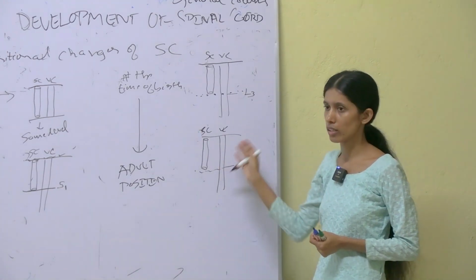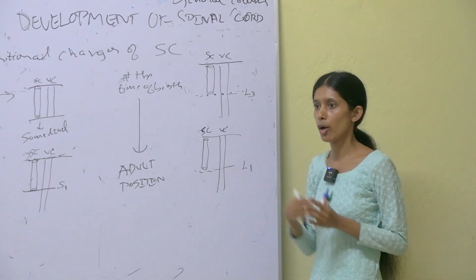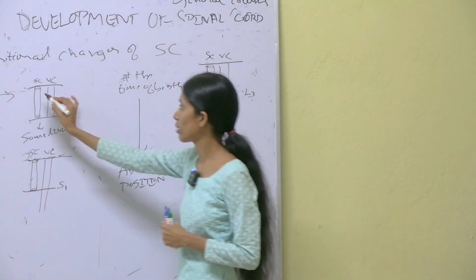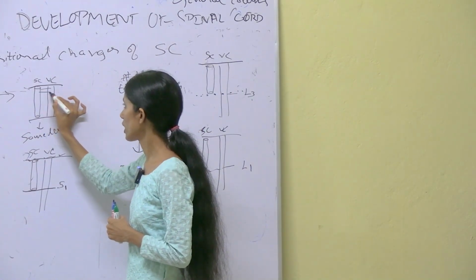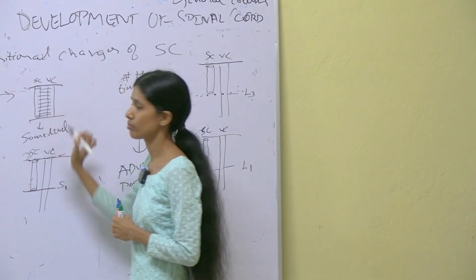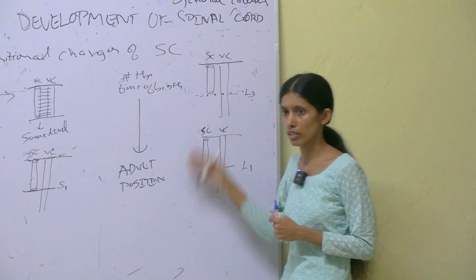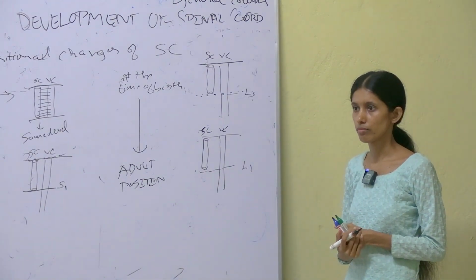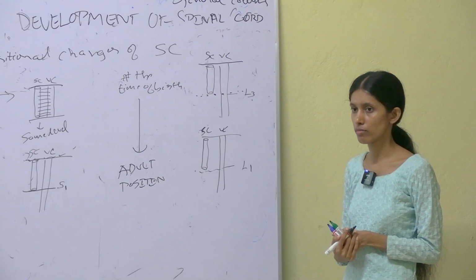What about the spinal nerves which are present along with your vertebral column? When the development takes place, each and every spinal nerve is present like this. So what happens when the positional changes take place?